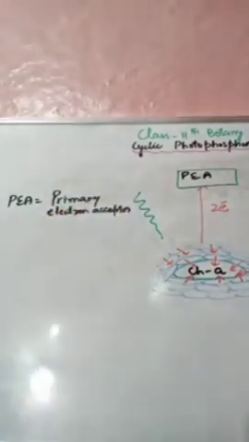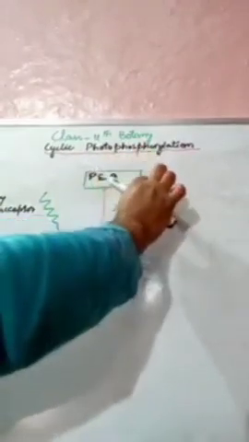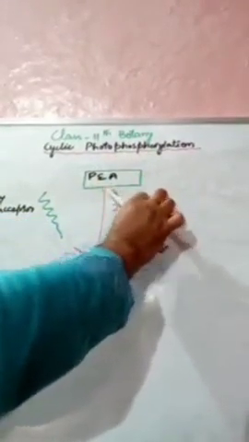Now this electron which reaches this primary electron acceptor has high potential energy, and it moves down through the electron transport chain.